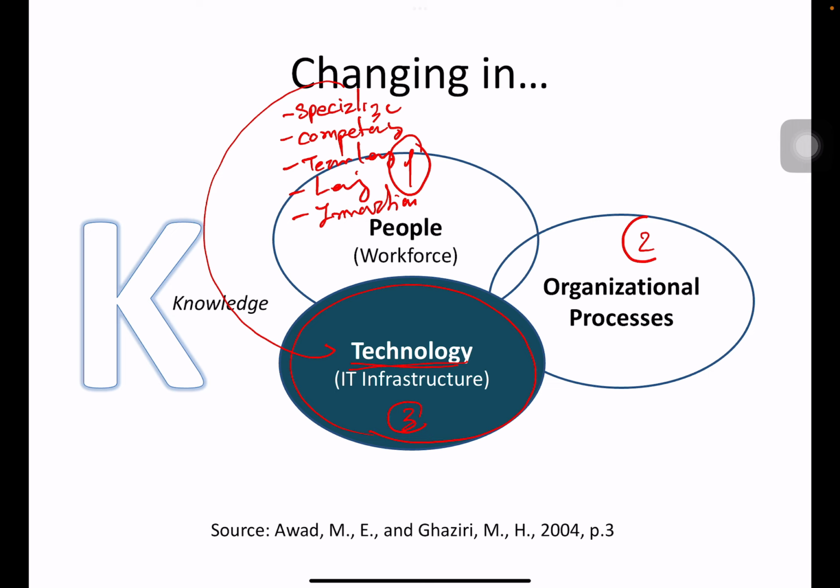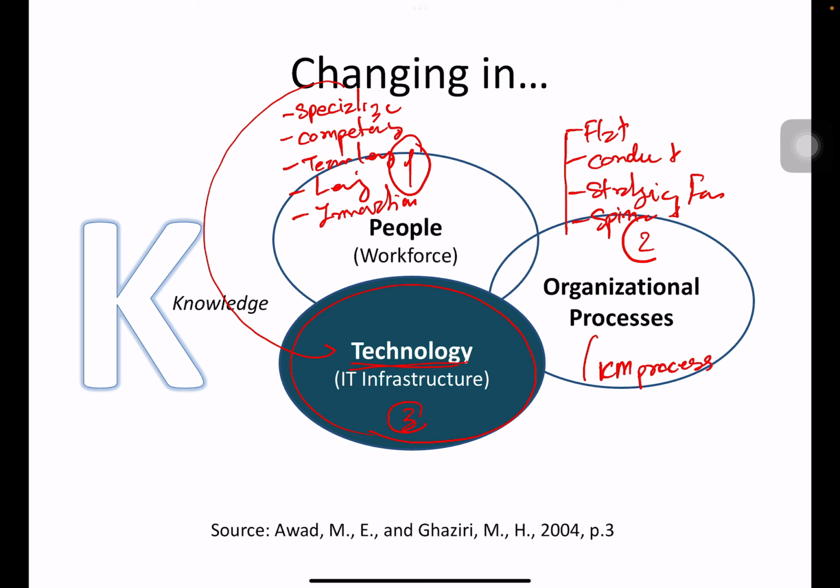When we talked about the organizational process, we talked about flat structure, conduct, strategy focus, and spin out. And this part, we talk about the knowledge management process using the SEGI model as a framework.